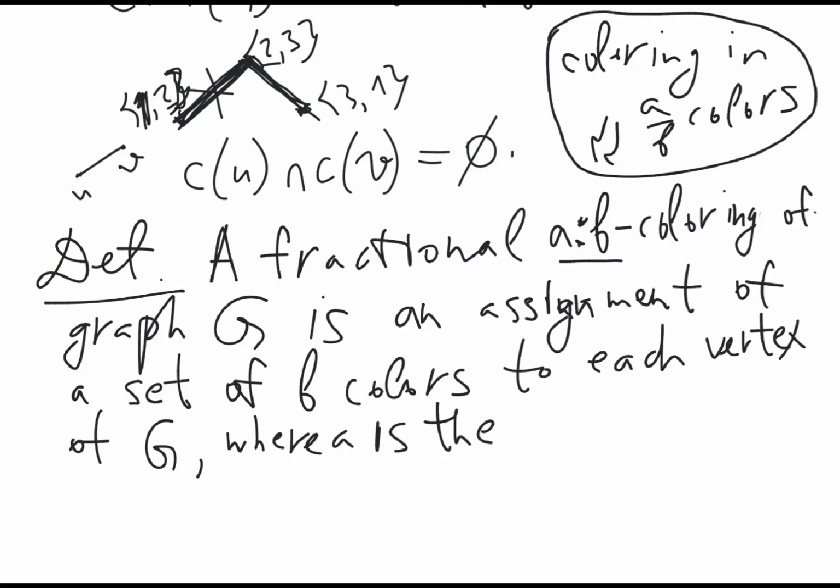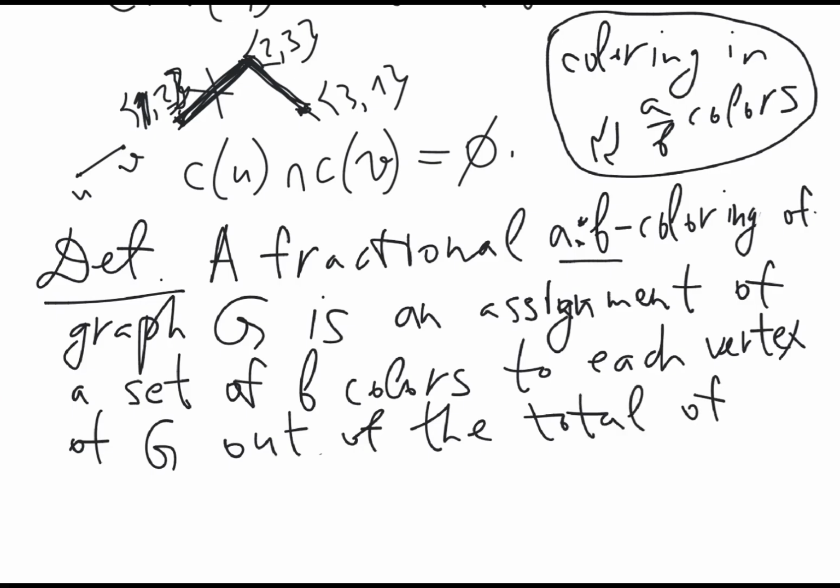So the set of B colors to each vertex out of the total of A colors. So in total we have A colors, and each vertex receives B colors.